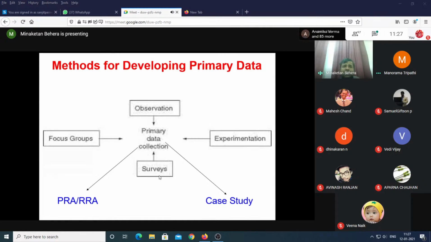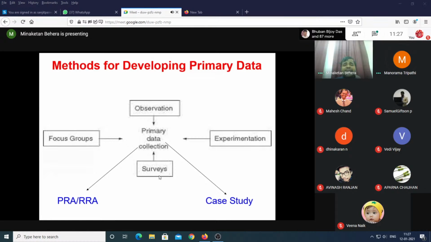So now you can generate the primary data through observations, through focus group discussion, which we call PRA, participatory rural appraisal, and RRA, rapid rural appraisal.